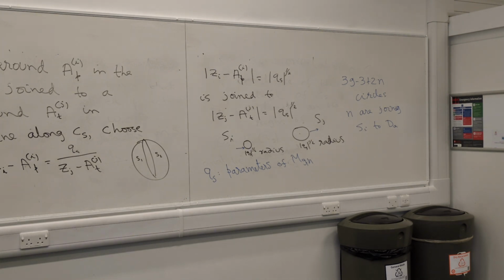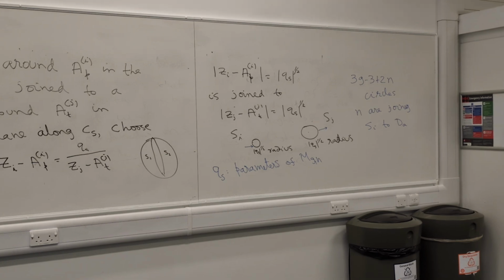We said somewhere, or did I erase it, that across the disks we had Zi equal to Wa plus A1I. When you're gluing disks, the Ds to the Sis, we don't introduce any transition function or any parameter.